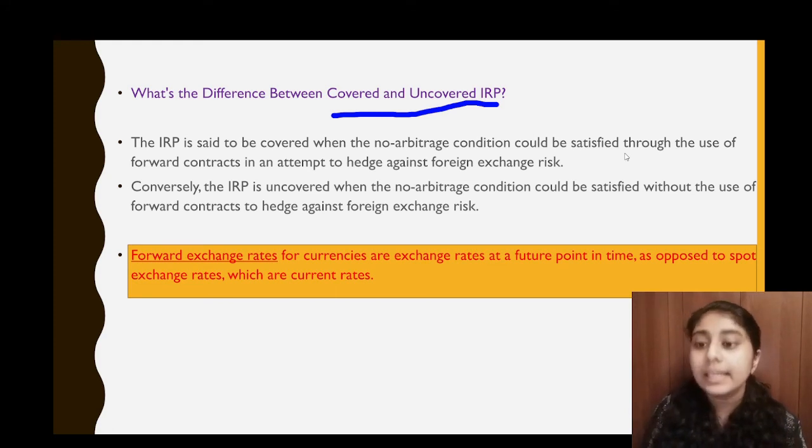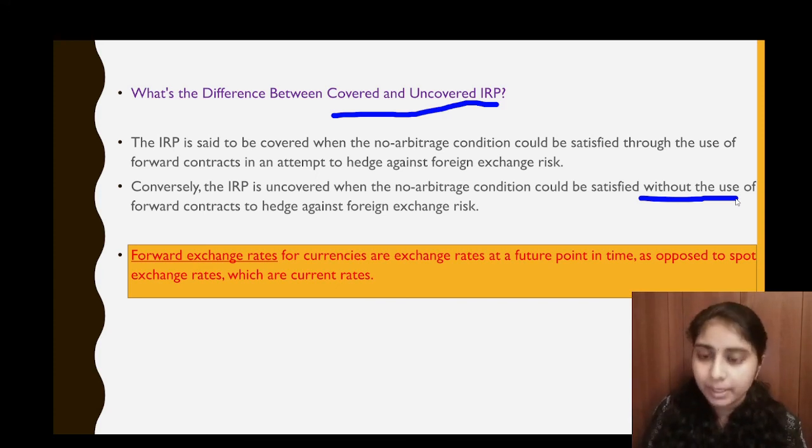Conversely, interest rate parity is uncovered when the no-arbitrage condition is satisfied without the use of a forward contract to hedge against foreign exchange risk. So if we are using a forward contract, then it is covered IRP, and if we are not using a forward contract, then it is known as uncovered IRP.